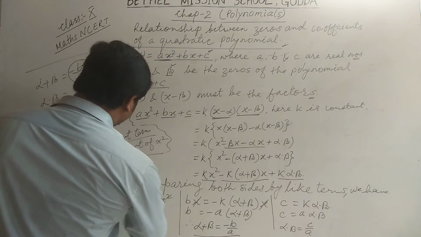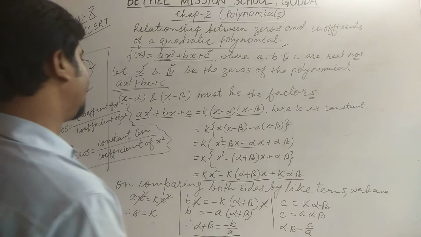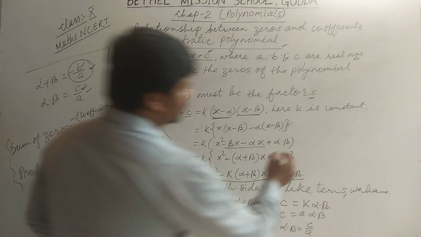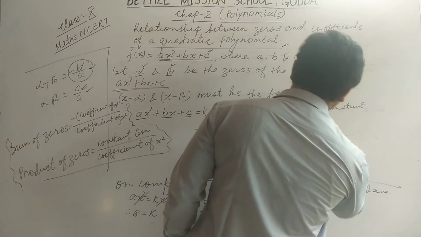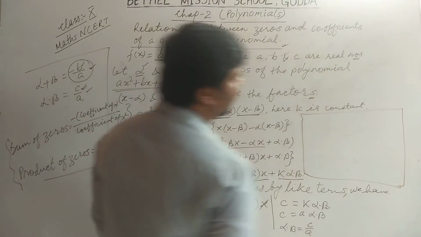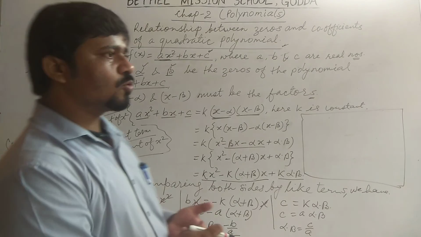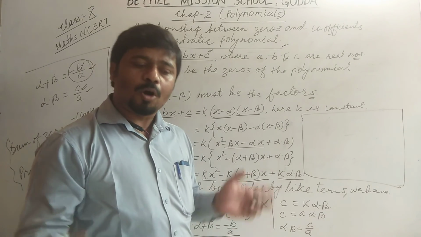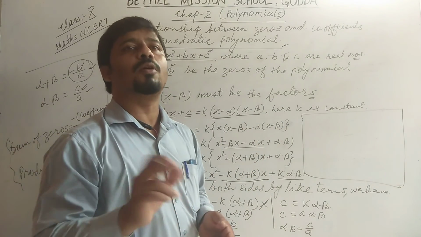And with this relation we can find, suppose two zeros are given and it is asked to form the polynomial, then how will you form the polynomial?